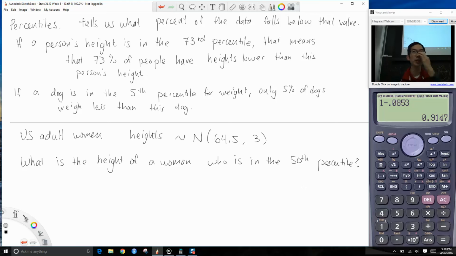Does this question make sense? The question makes sense, but do we have any idea how to get it, or does it feel like mystery magic? Okay. Well, let's draw a little picture here.